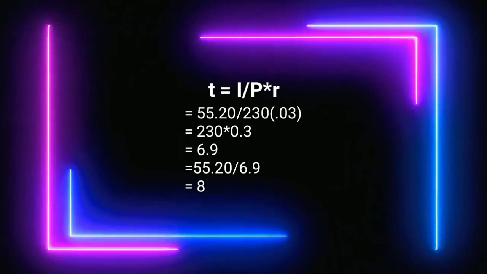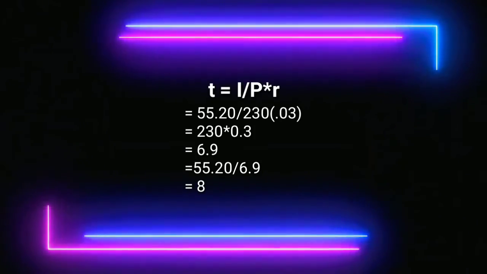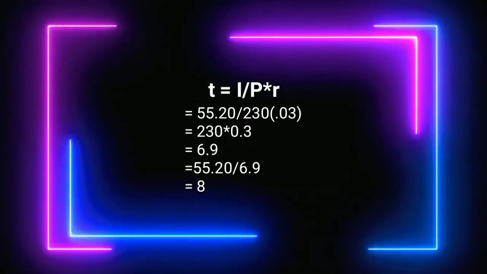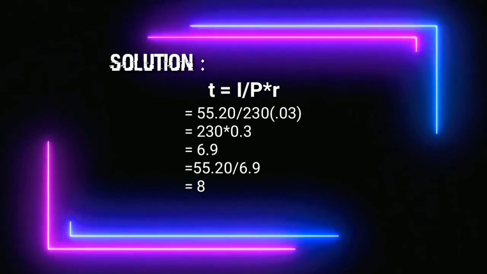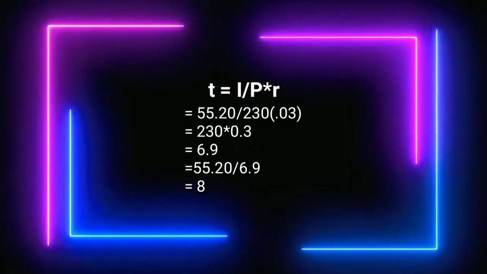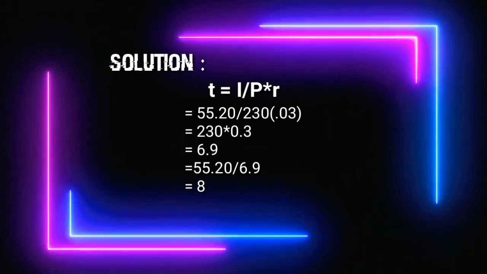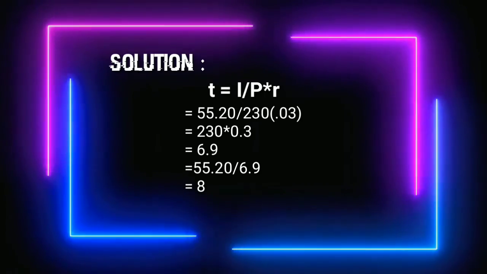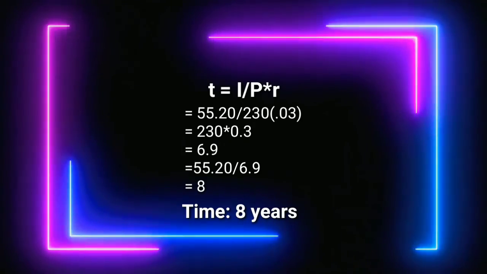So 230 times 0.03 is equal to 6.9. So we simply divide it into the interest. So 55.2 divided by 6.9 is equal to 8. So the time is 8 years.